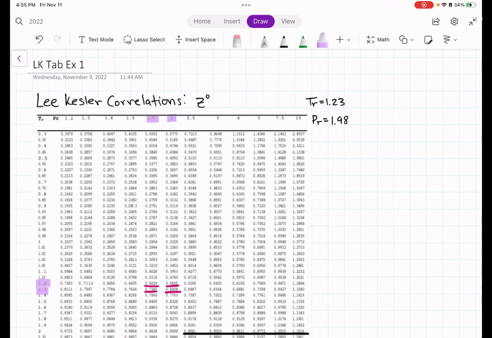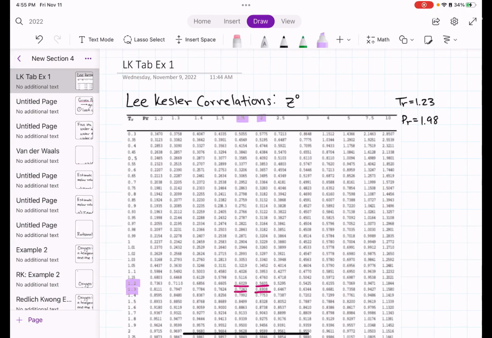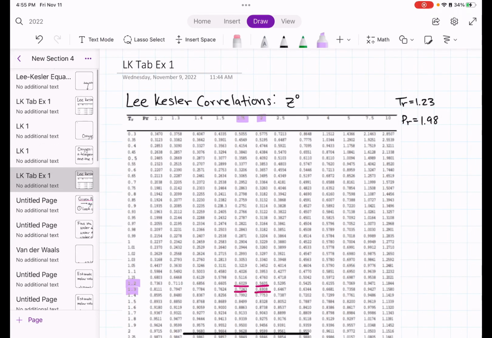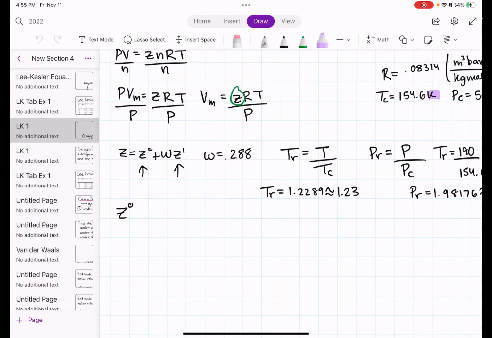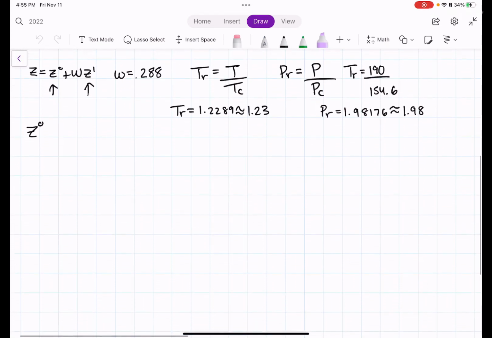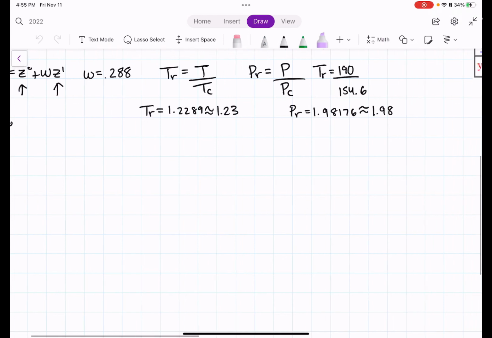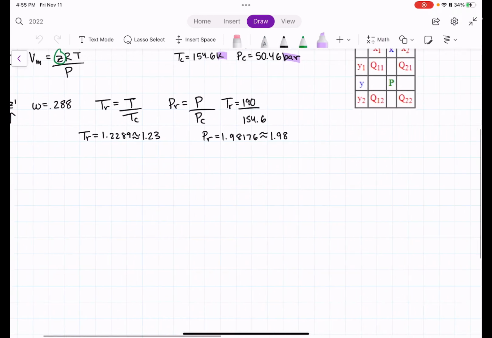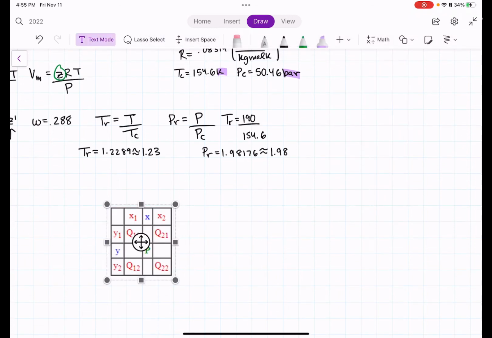So let's go ahead and I'll show you how we do that using double interpolation. The way I like setting it up is like this, using this table right here.